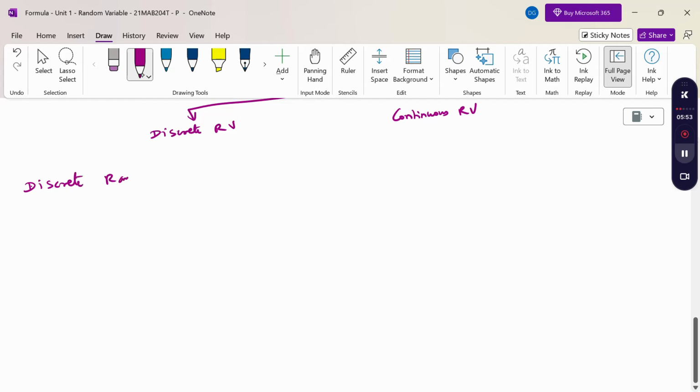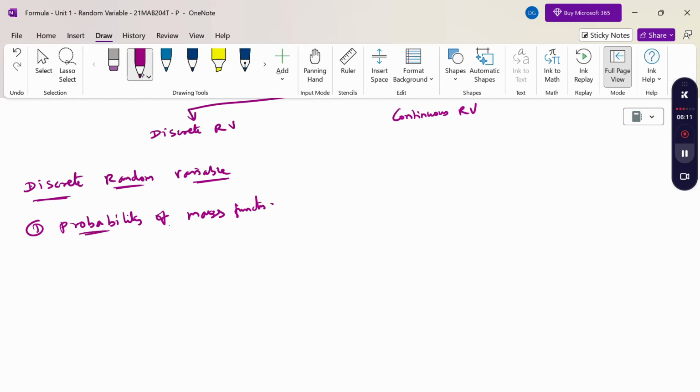Discrete random variable, probability mass function, short form PMF.